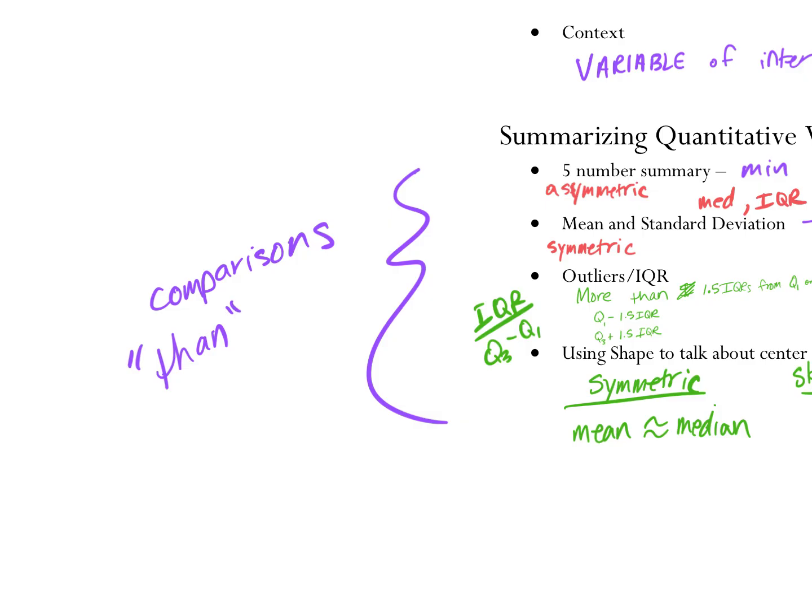It's not enough to say this group had a mean here and this group had a mean here. Instead, say this group had a higher mean than this one. This group was more spread out than this one. If you don't have the word "than" in your comparisons, we got a problem.